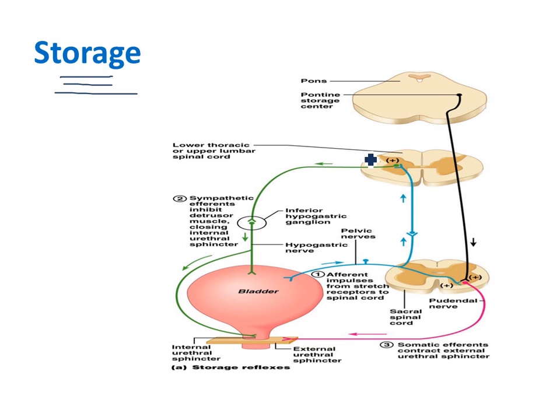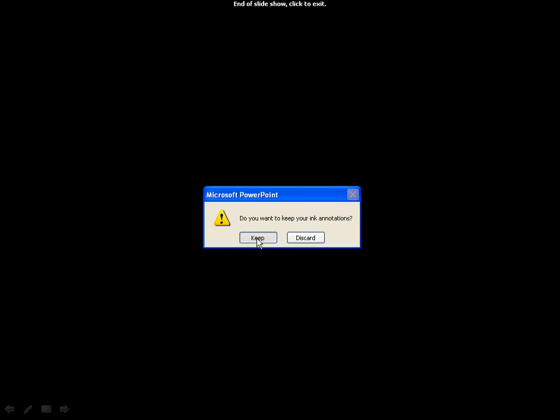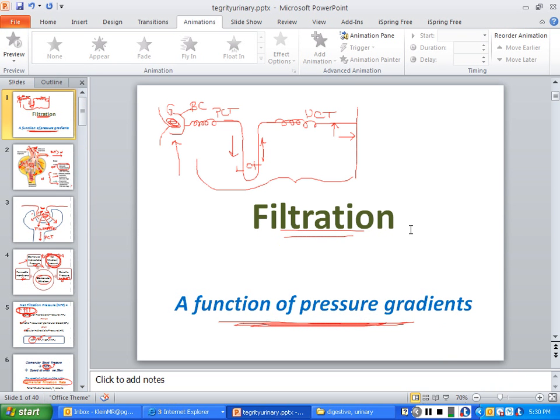Right, so that's the end of the urinary system. Hopefully that helps you practice the factors and the regulation of filtration and the factors for reabsorption. Filtration is a simple concept in that it is dependent on pressure gradients. Manipulate the pressure gradient, you manipulate filtration.